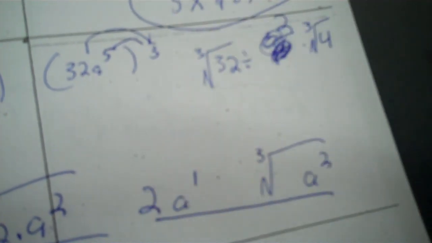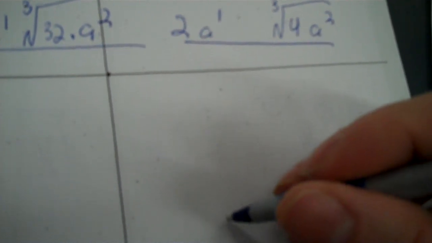So the cubed root of 8 is 2. Now you put 2 in the front, and the 4 goes right there. So write your answer 2. If a variable has a first power, you don't put a power. And then the cubed root of 4a to the second. Okay, and that's how we're going to be orchestrating that moving forward.